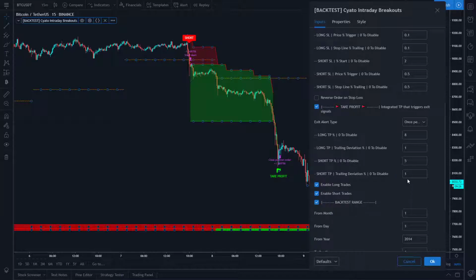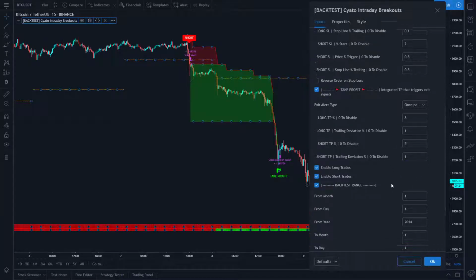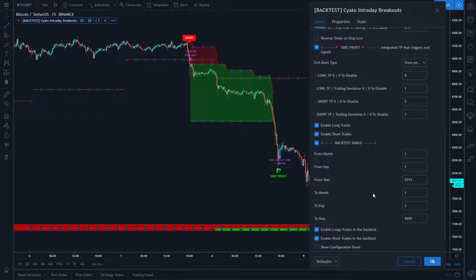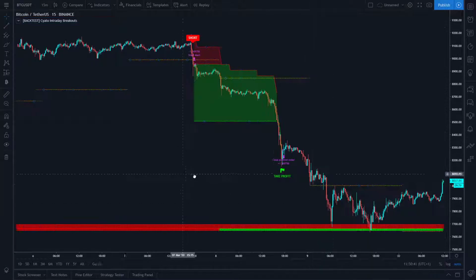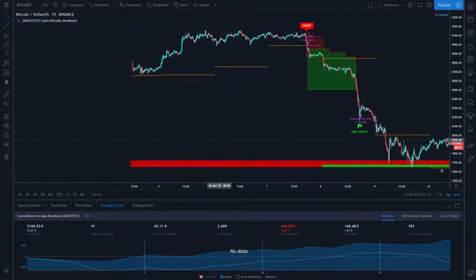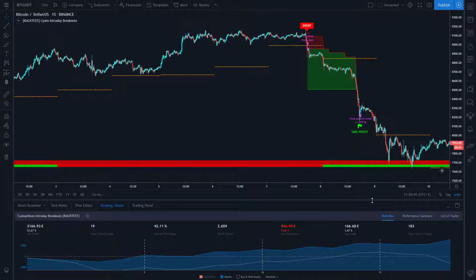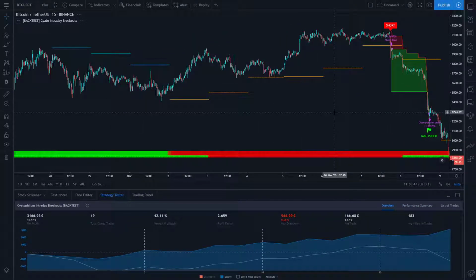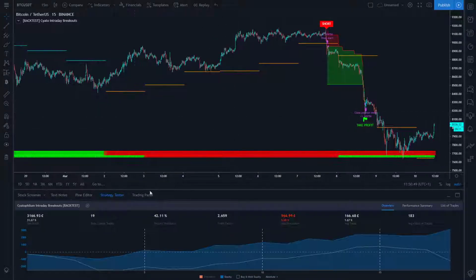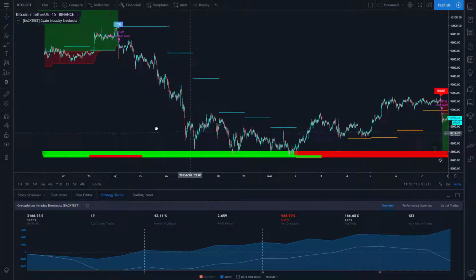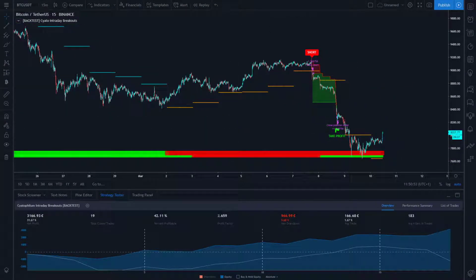Okay, so this is this feature, and basically that's all for this indicator. You can see that it mainly works in intraday. It gives really strong signals. When backtesting, you look at the profit factor mainly.